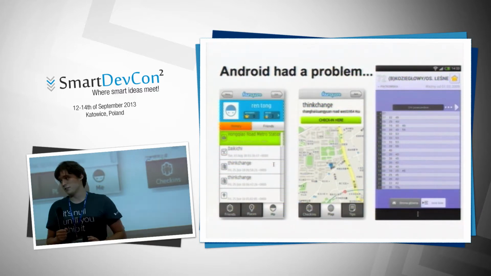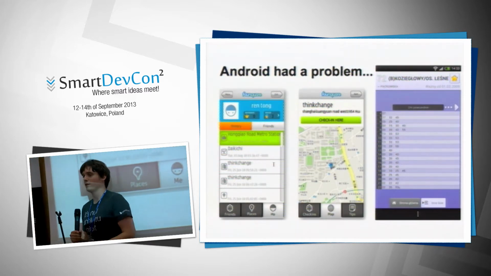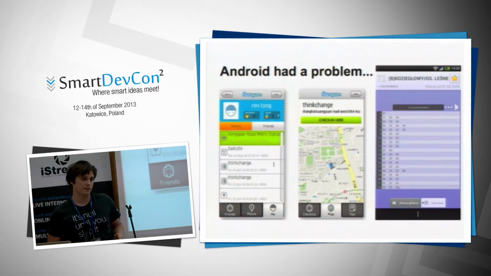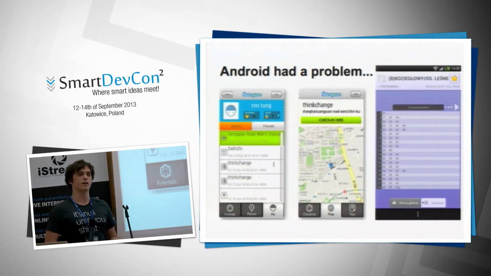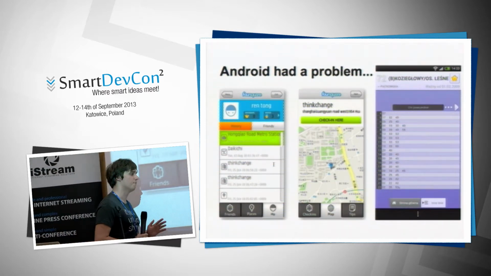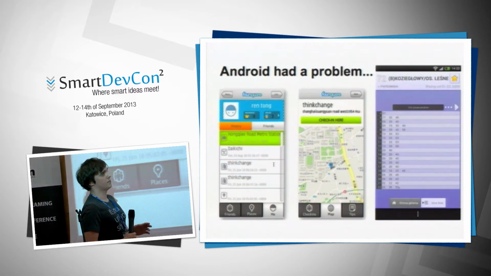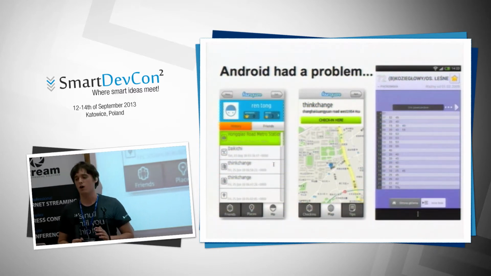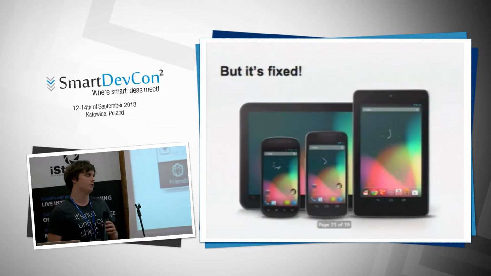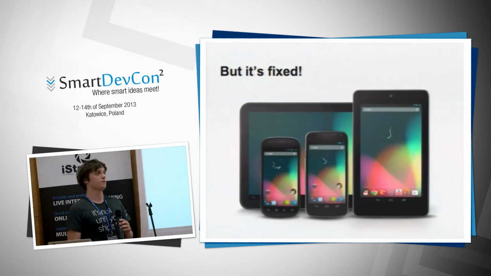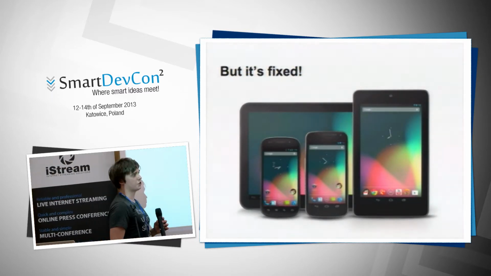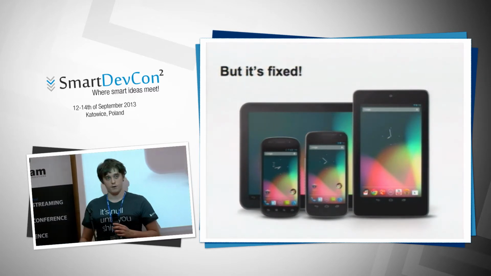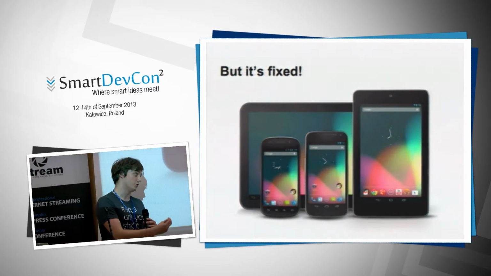And well, most of the apps you were installing on your phone looked different. And the problem with Android that was really often mentioned was the consistency of the UX and UI. But it's fixed in Holo, partially from 3.0 and mostly from 4.0.